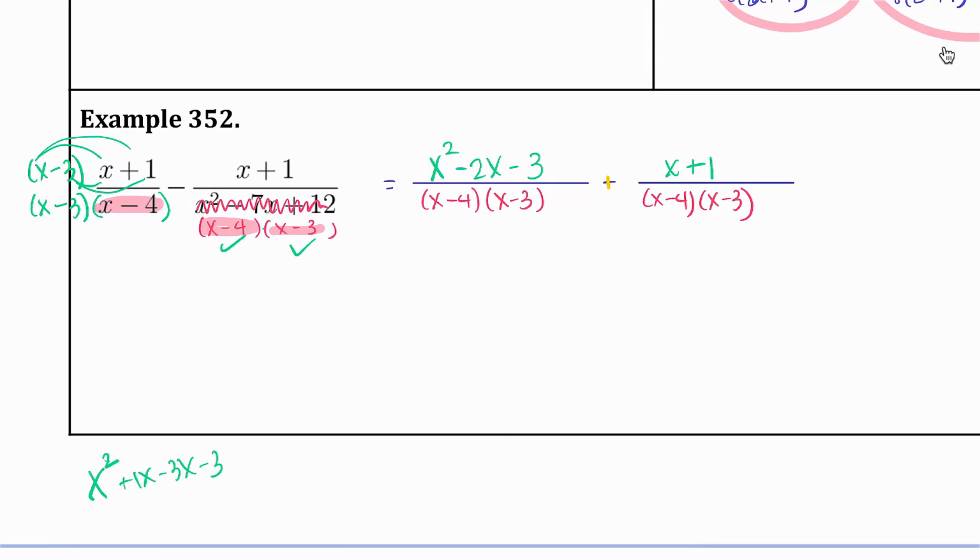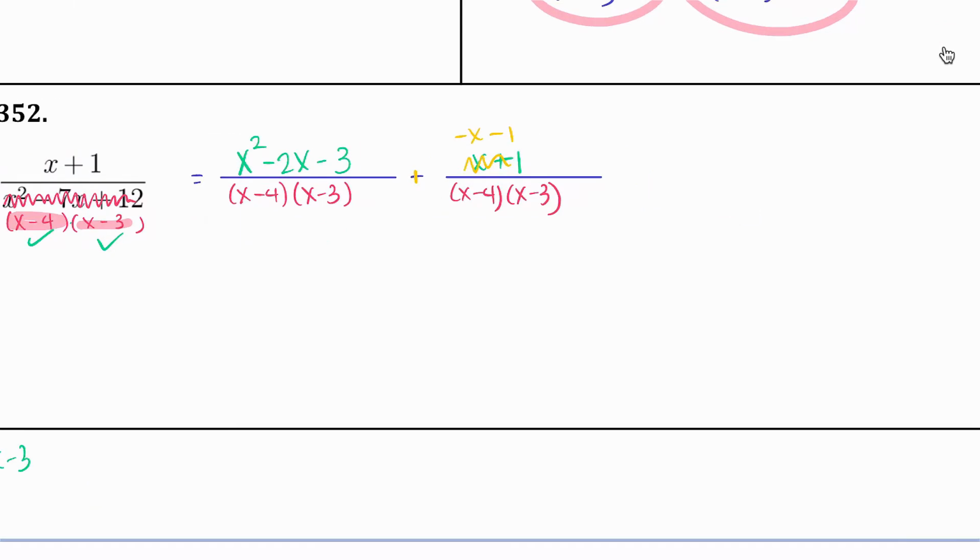Maybe I'll just write it above. Minus x minus 1, either way. All right, so when we add these, our numerators we just combine. So we have x squared, negative 2x, and a negative 1x is negative 3x. Negative 3 and a negative 1 is negative 4. Our denominator stays the same.